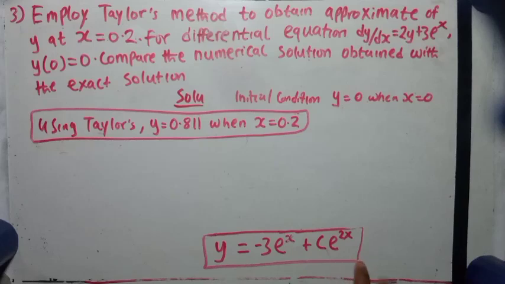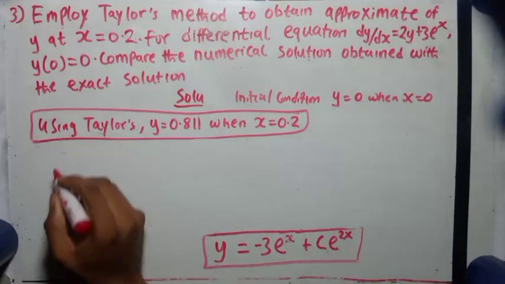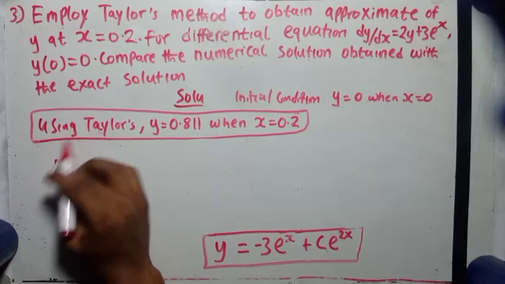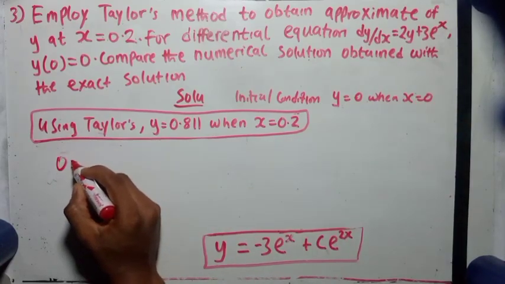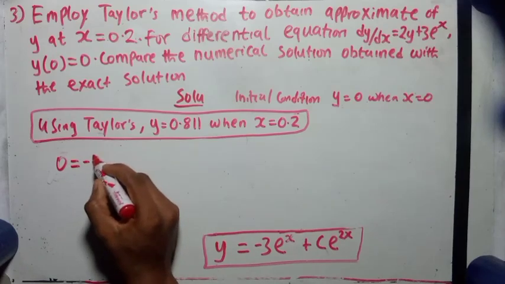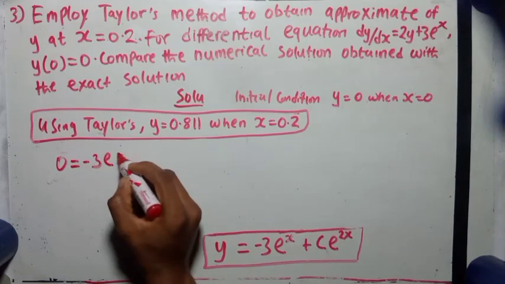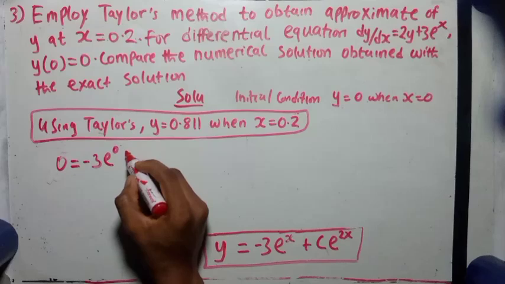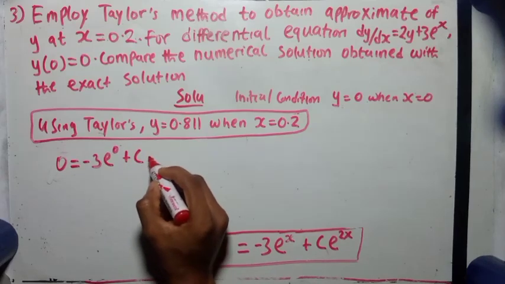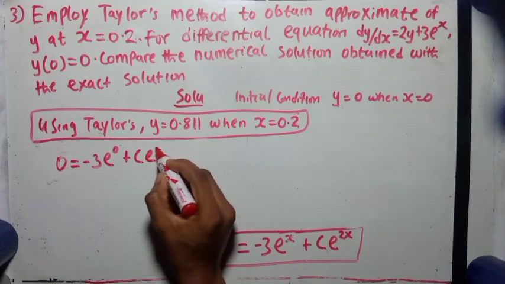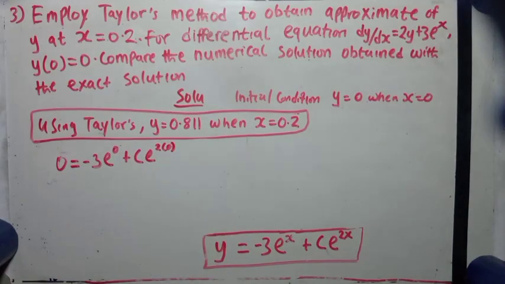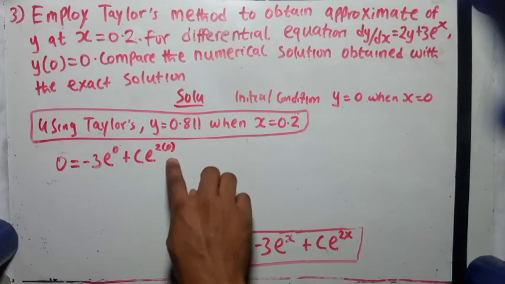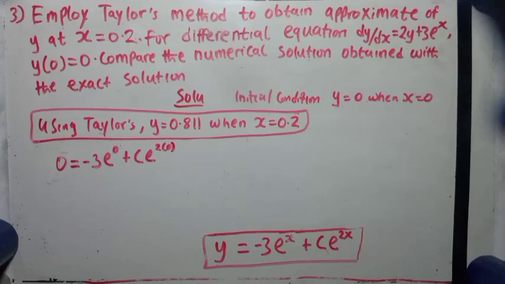So substituting the values of our initial condition, we have 0 is equal to minus 3 exponential 0 plus c exponential 2 times 0. 2 times 0 is 0. e to the power 0 is what? 1.